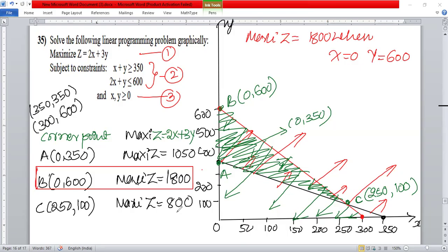Okay, fine. The final answer is maximize Z is equal to 1800, and X equal to 0, and Y is equal to 600.